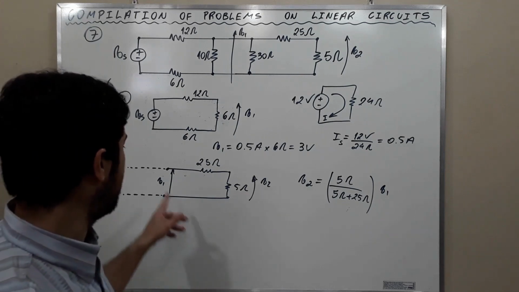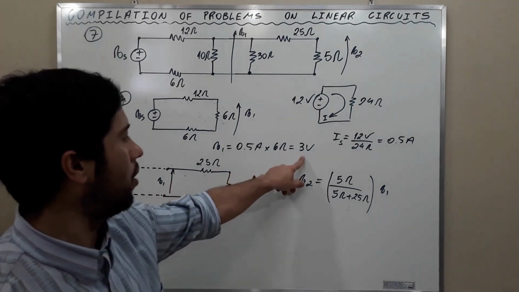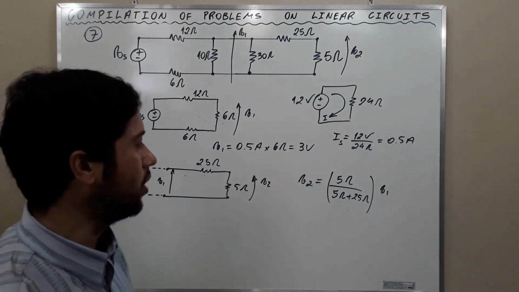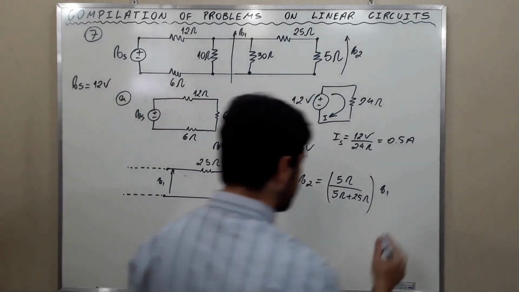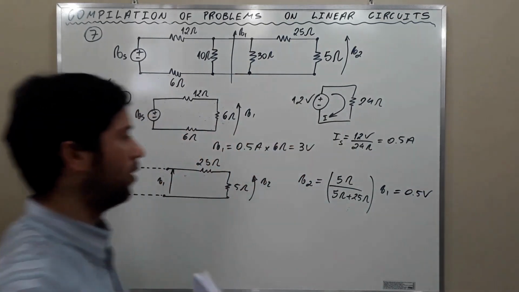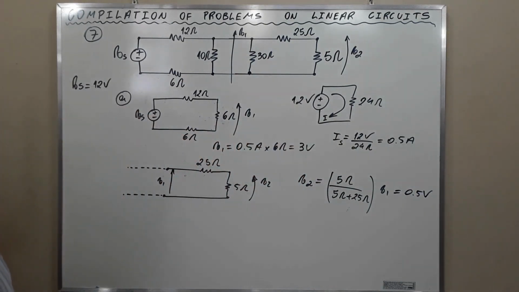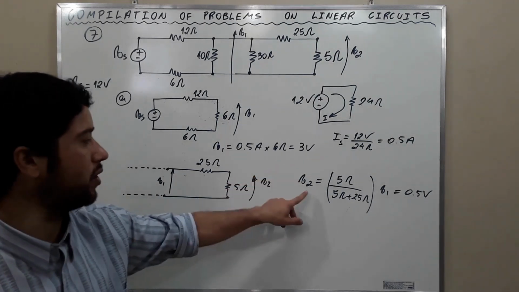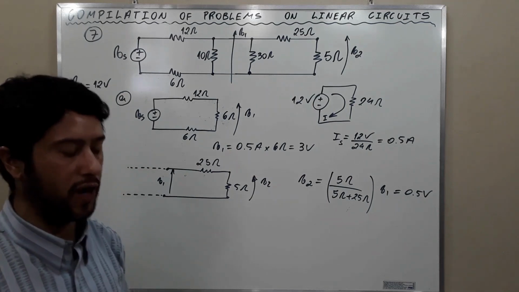Using the value of V1 we calculated, 3 volts, we find that V2 is equal to 0.5 volts. In this manner, we have answered the question. We have found the solutions: V1 is 3 volts and V2 is 0.5 volts.